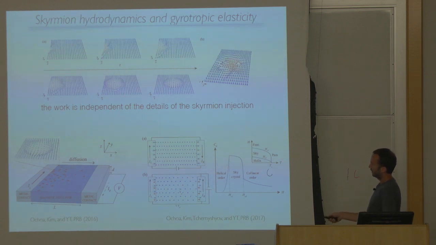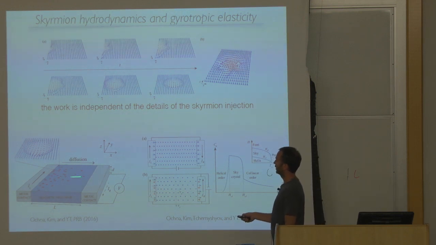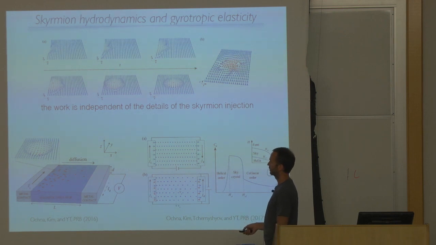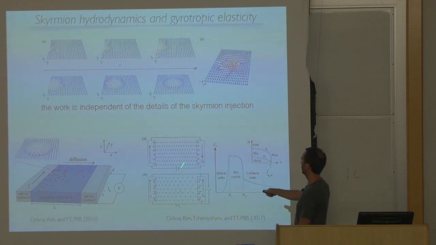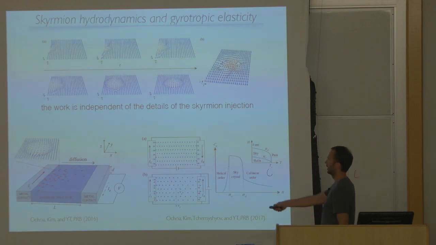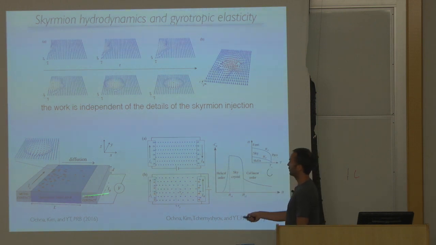So the structure in which we can detect the flow of skyrmions, injection and detection, is similar to before, except that now we're using spin transfer torque instead of the spin Hall effect. Again, there's this insulating film contacted by metals, which we can bias in different ways and generate different types of flows of skyrmions.